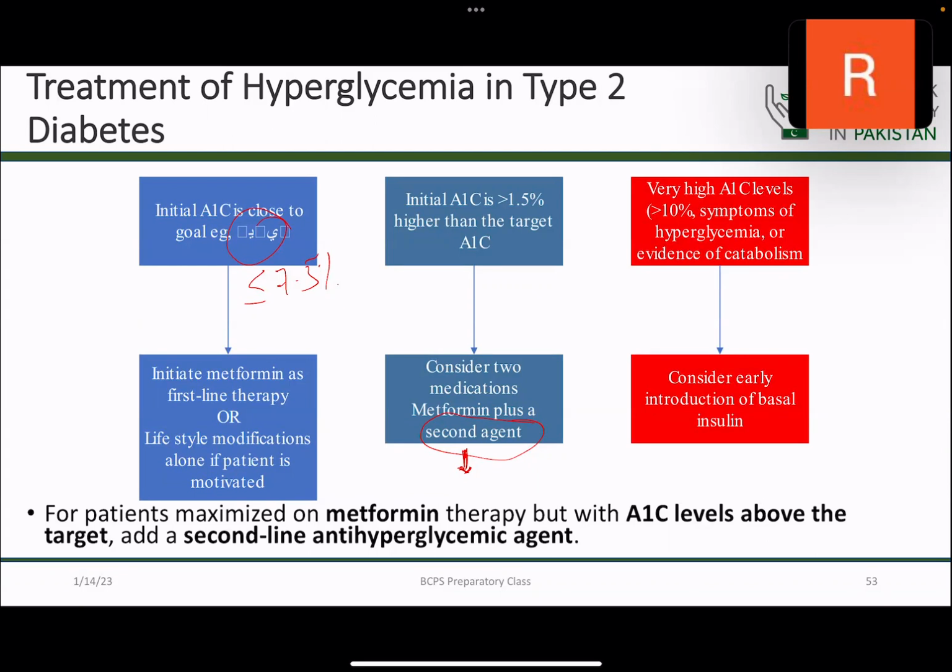So only in the third case do we need to consider addition of insulin in the treatment of type 2 diabetes. Otherwise, in the first case, only metformin is enough. In the second case, metformin plus a second agent is most of the time enough. But in the third case, we have to add basal insulin. We have to initiate it early.